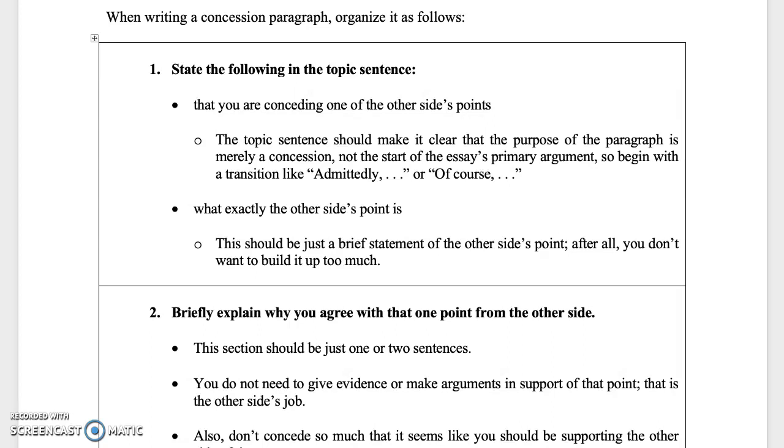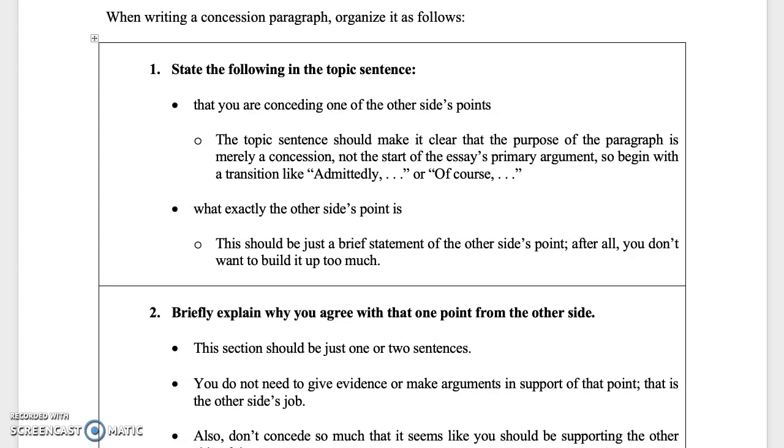In the topic sentence, you want to make it clear that you are conceding one of the other side's points. That's very important, because if you don't make that clear, people think that you've just changed sides. So the topic sentence needs to have some signaling language like admittedly, or of course, or it is true that, and then present what the other side's point is.